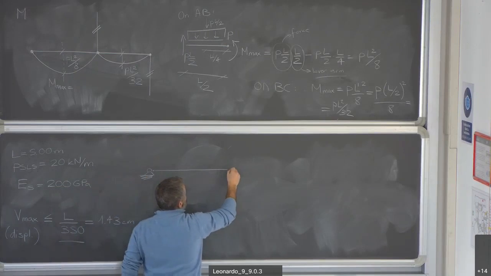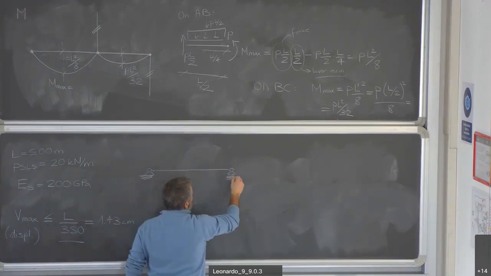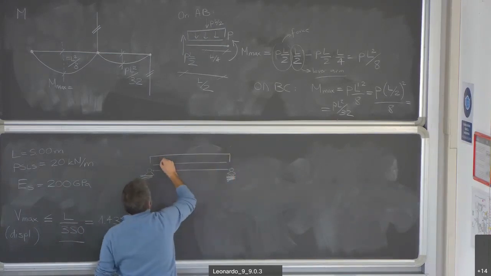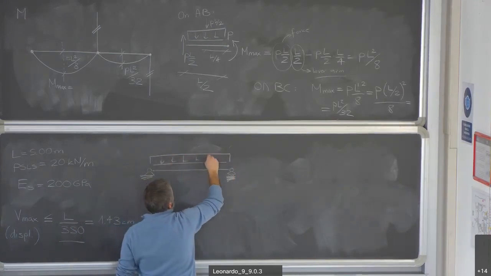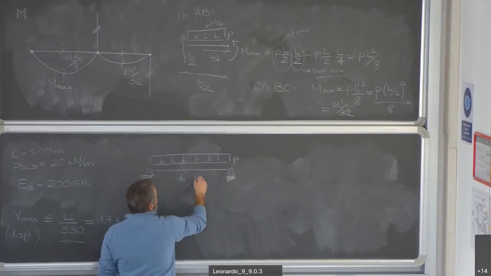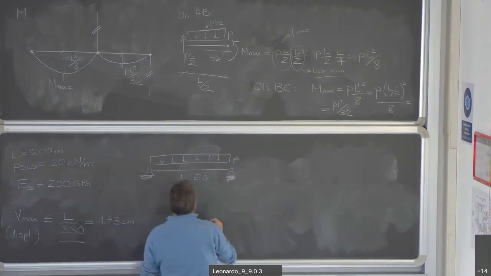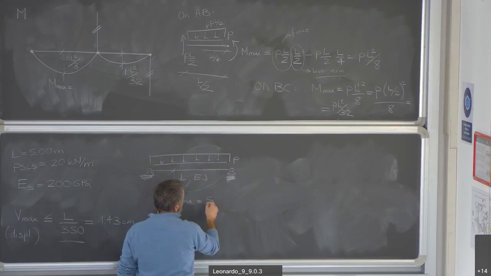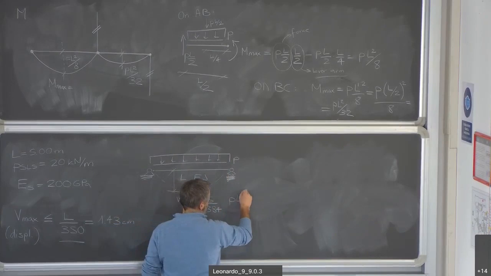It tells you that a simply supported beam subjected to a distributed load P, when the length is L and the bending stiffness is EJ, has a maximum deflection whose value is 5 divided by 384 times PL to the power of 4 divided by EJ.